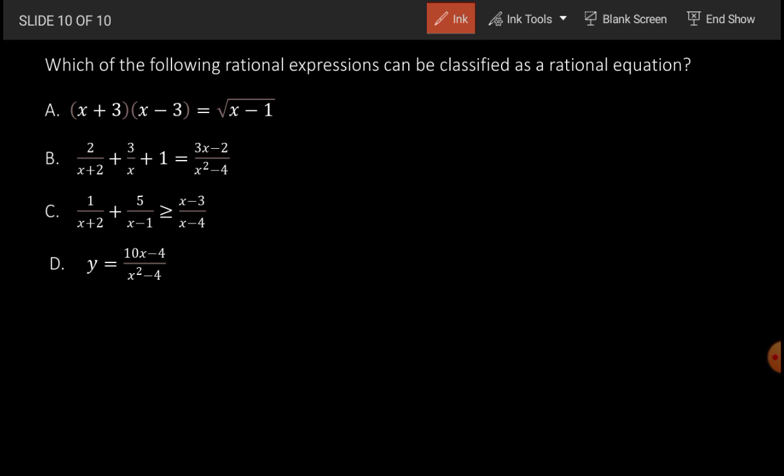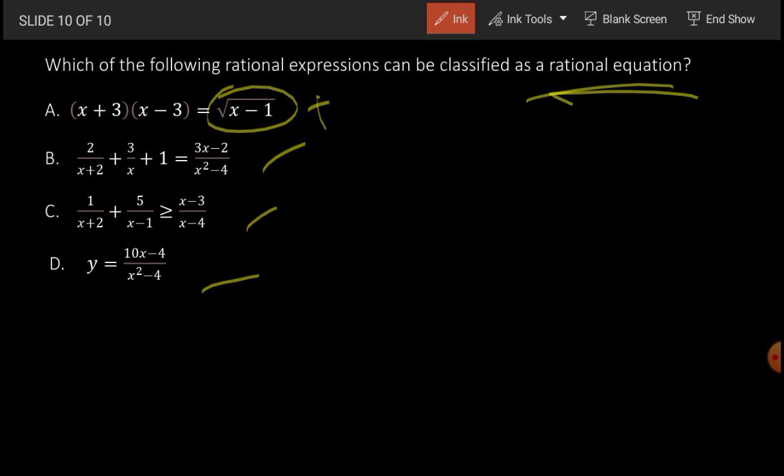So which of these four options are rational equations? Letter A is not a rational equation because square root of x minus 1 is not a polynomial expression.